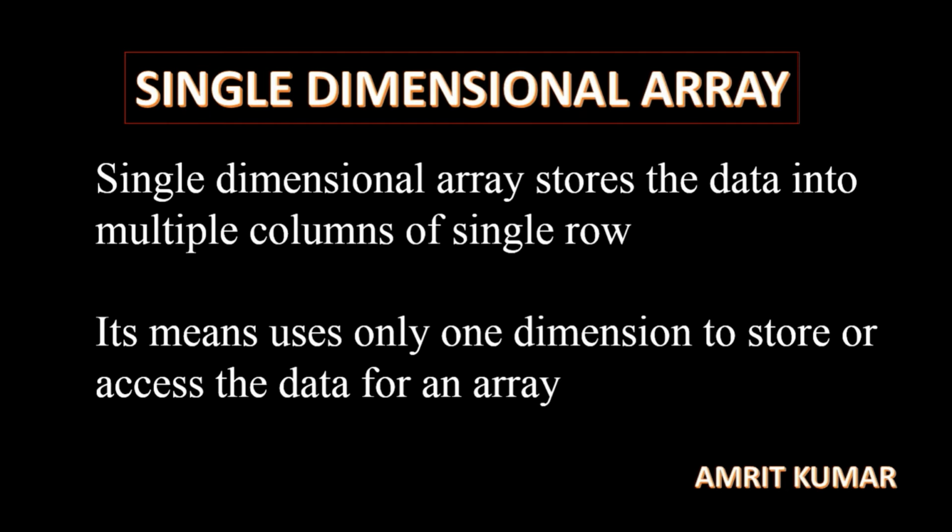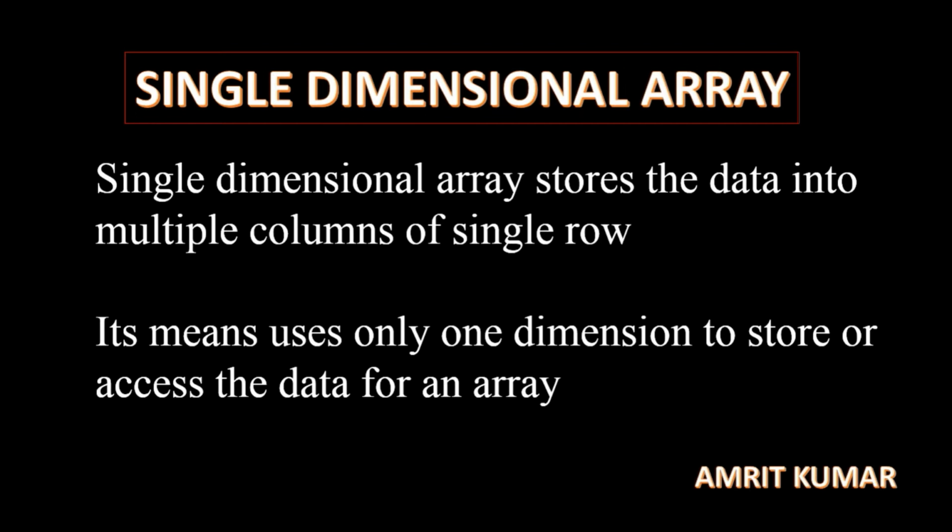A vertical line of a table is known as a column, and the horizontal line of a table is known as a row. So a single dimensional array stores the data into multiple columns of a single row. It means we use only one dimension to store or access the data of an array.